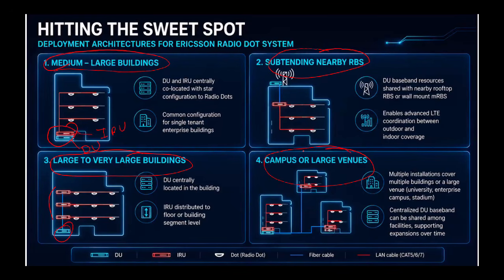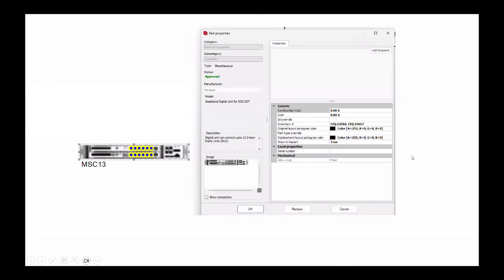As the building becomes larger, we can scale the number and the locations as well. This concept is very useful for private LTE or 5G, where we need dedicated coverage across the factory, warehouse, campus, etc. That's why I love R dots, because it gives you all the options and you can deploy according to your needs.